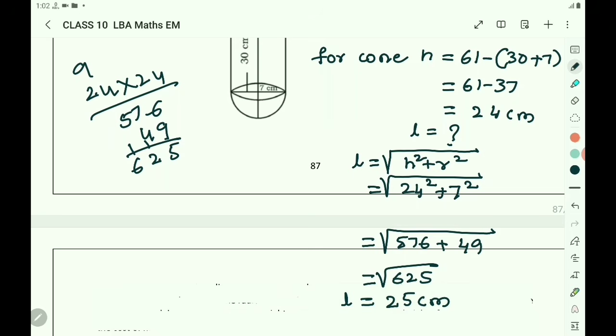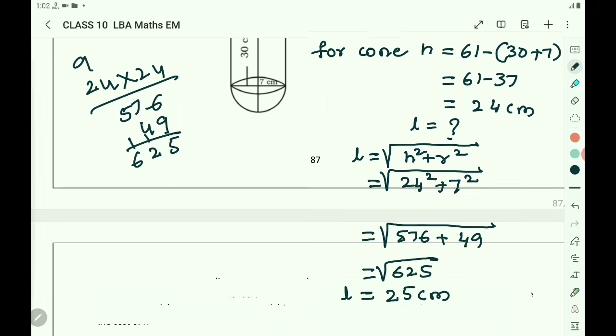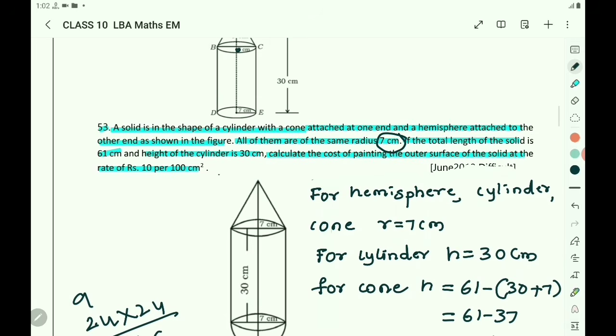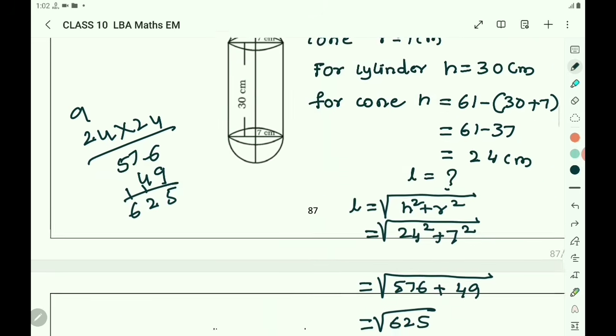Now you write the formula for the surface area of the solid. Here cost of painting is to be found out. To find that, find the outer surface area of the solid.